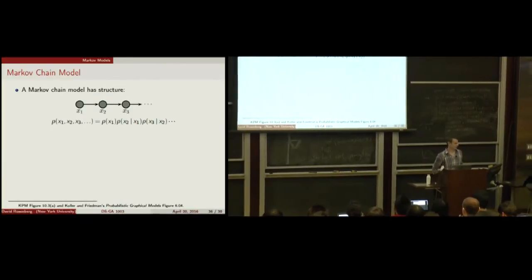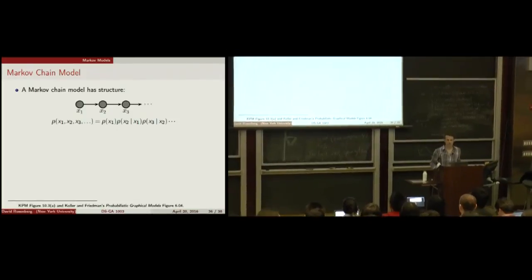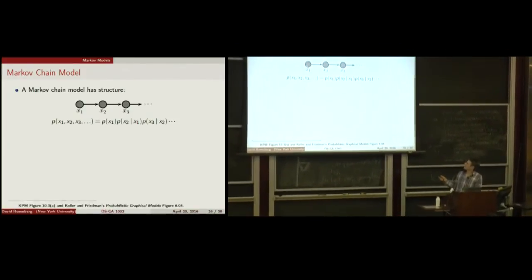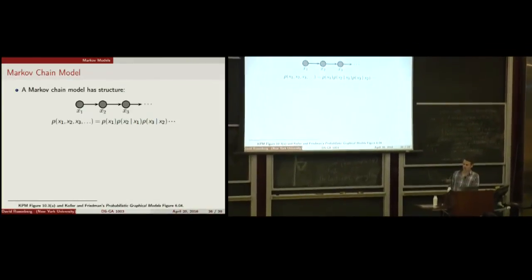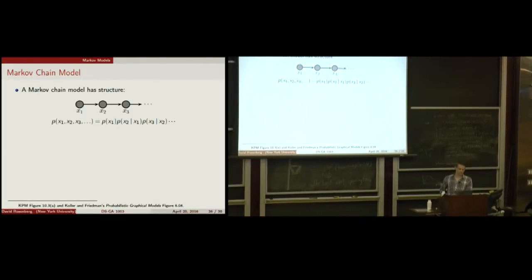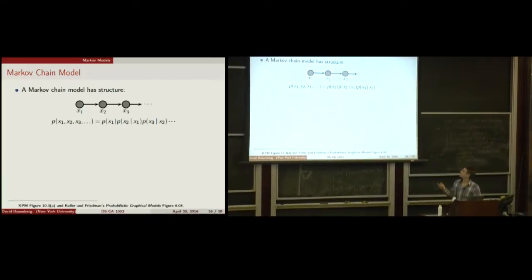So we can read off exactly the form that the joint distribution factorizes as. X1 has no parents, so we need a marginal distribution for X1. Often in a Markov chain, you'll fix a special state, so that it always starts in that distribution and transitions from there. Different ways to handle it.